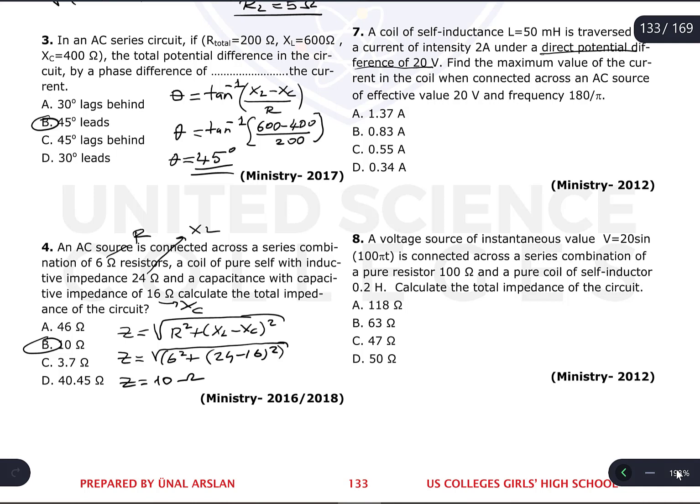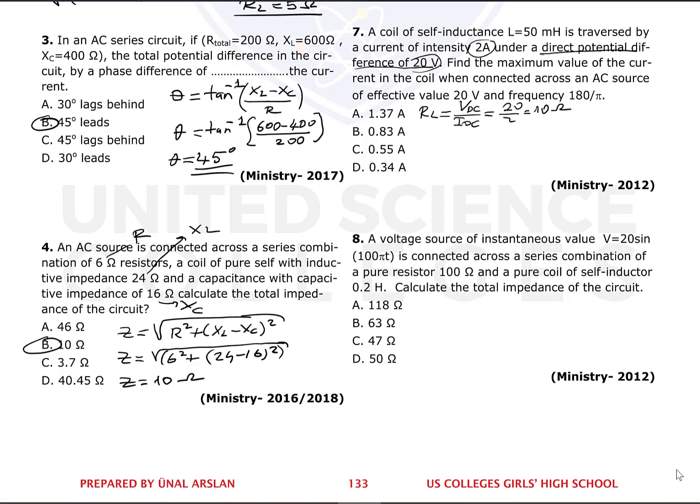We know the direct potential difference is 20, electric current is 2. So first we will calculate the resistance of this coil. V DC divided by I DC, 20 over 2, which is going to be 10. 10 ohm is the resistance of this coil.